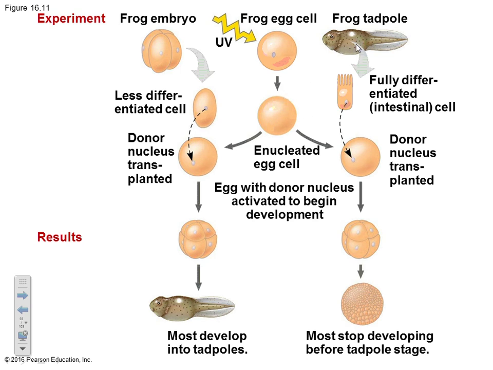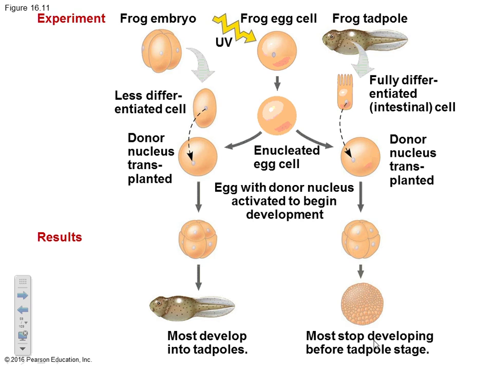You can take a cell from a tadpole, so not that old, but it's already become a specific type of cell, in this case an intestinal cell. We pull out that nucleus, put it in the egg, and we have now this. And we've used the right factors, the right proteins, etc., to make it start growing.